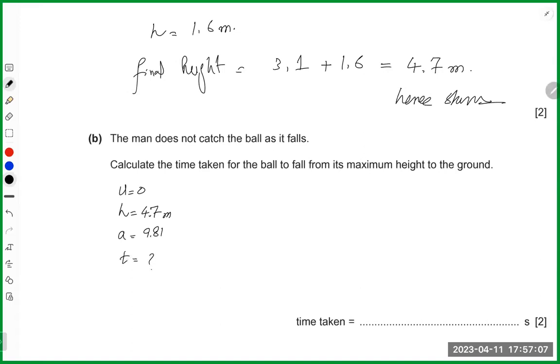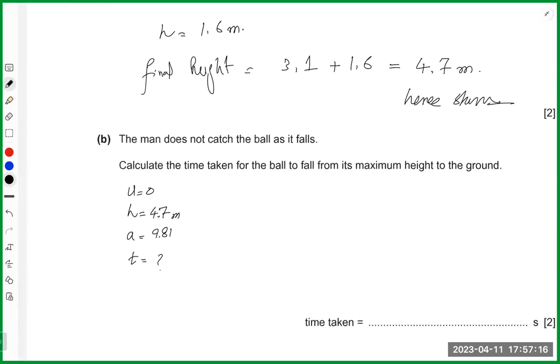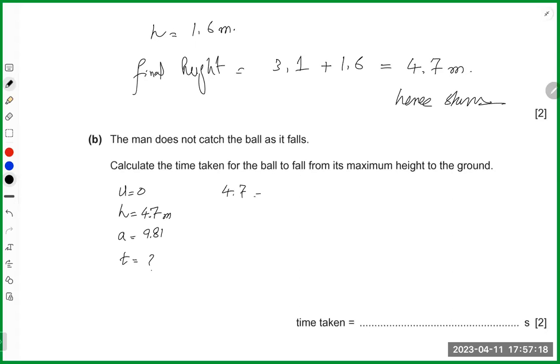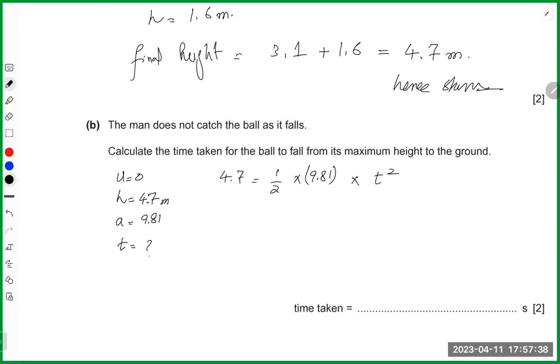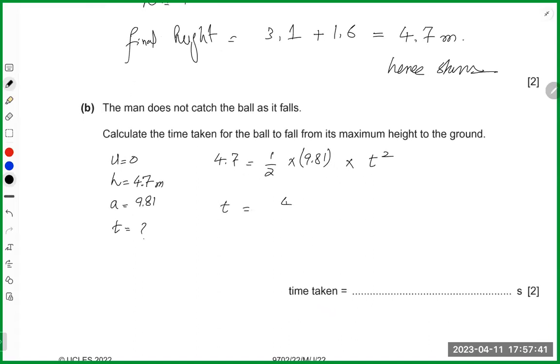Now, which formula can connect these 4 variables together? s equals ut plus 1 over 2 a t squared. Good. So that will make it 4.7 equals 1 over 2 into 9.81 into t squared. So t equals the square root of 4.7 multiplied by 2 divided by 9.81.